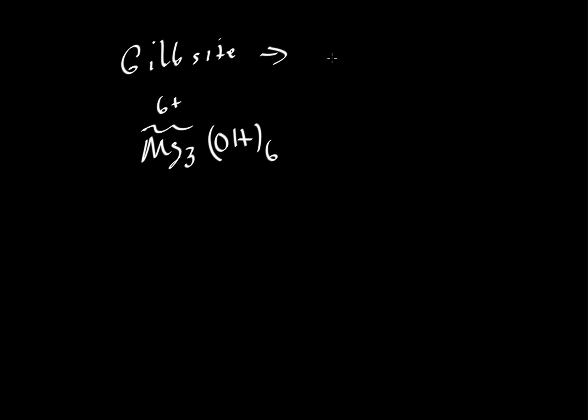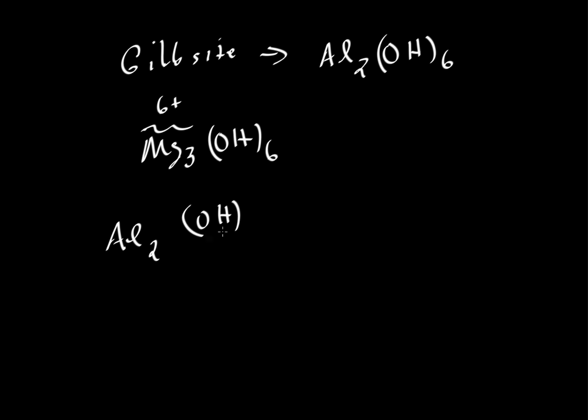For gibbsite, we're going to put in aluminum, but with aluminum having a 3+ charge, we only need 2 of them to balance the negative charge on those 6 hydroxyl sites. So we have the formula Al2OH6, and we can play the same game we had before. So we can write Al2 and then OH3 on top and OH3 on the bottom.